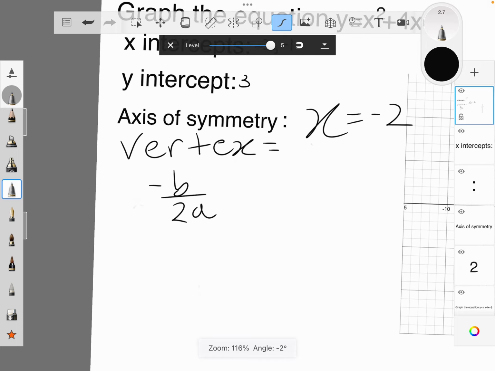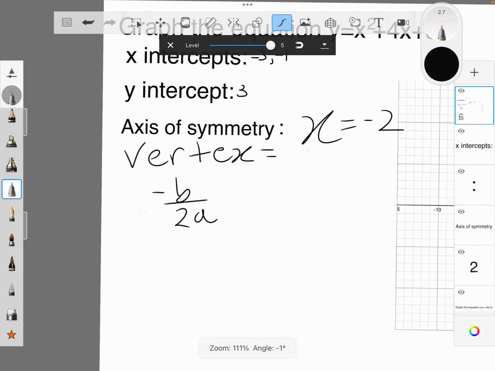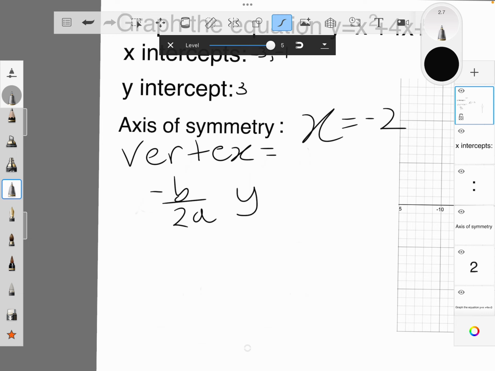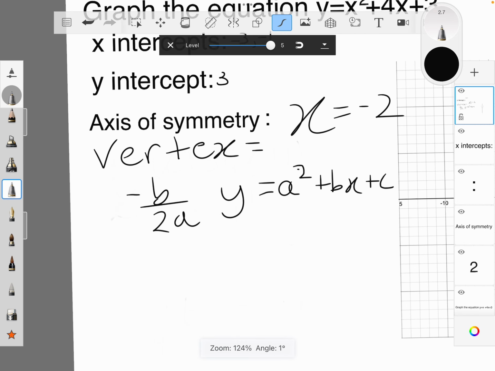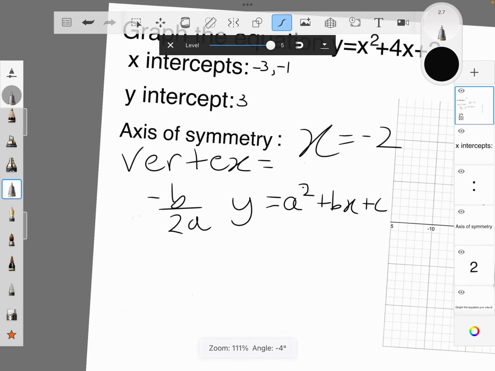So if we look and compare that to our original equation, so this is standard form, y equals ax squared plus bx plus c. We can see that the variables are mostly the same.